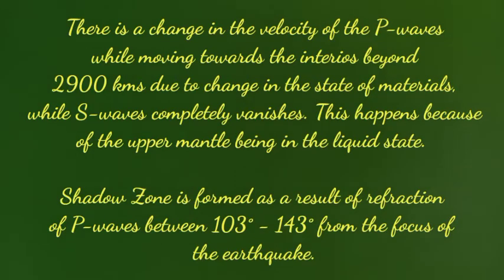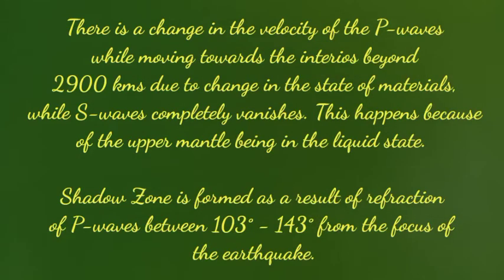Considering the waves moving towards the interior of the earth, all the waves like P, S and L waves, as recorded from the focus, travel until 11,000 kilometers of distance from the focus almost constantly without any changes.